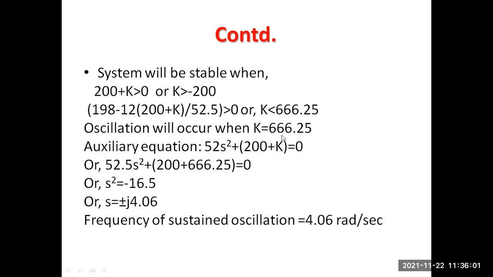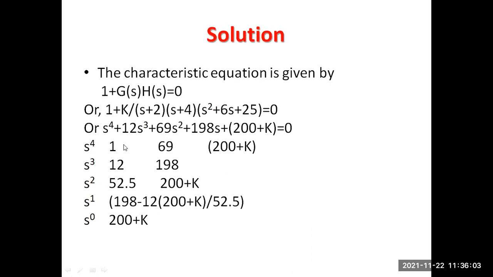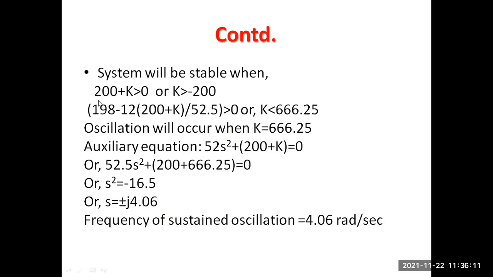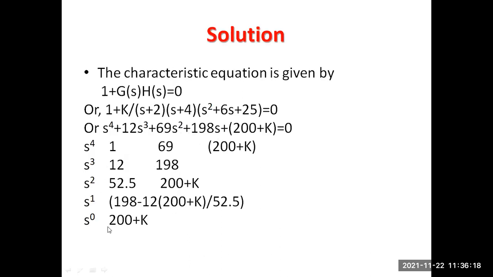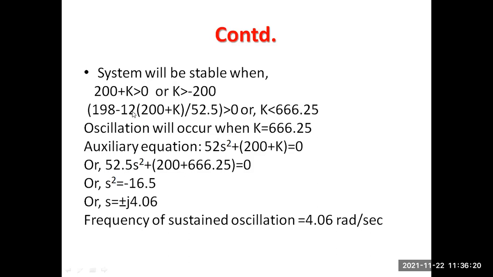So the system will be stable. We know that all the elements of the first column should be greater than 0. So 200 plus K should be greater than 0, that means K is greater than minus 200. And 198 minus this term should be greater than 0, that means K should be less than 666.25.